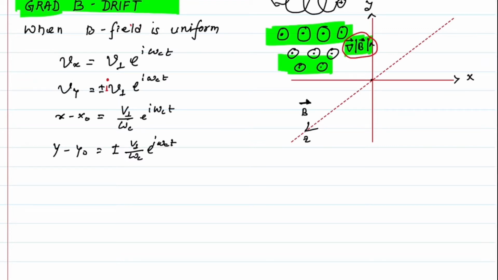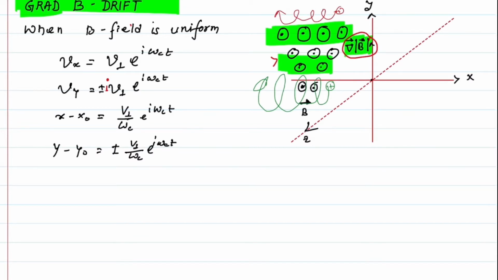In the region where the density of the magnetic field lines is less, the Larmor radius will be greater, and in the region where the density of the magnetic lines of force is greater, the Larmor radius will be comparatively smaller.